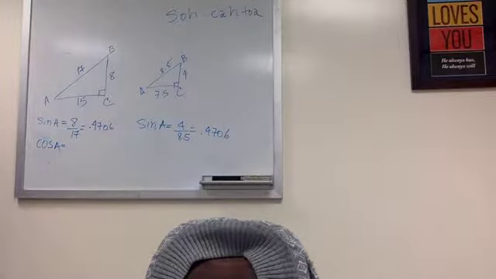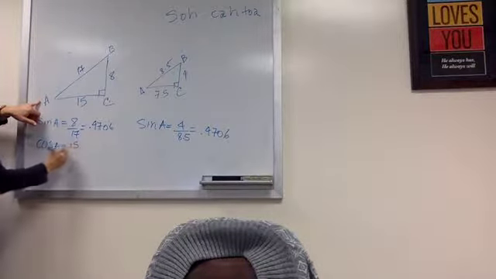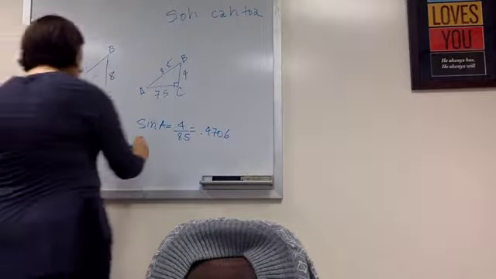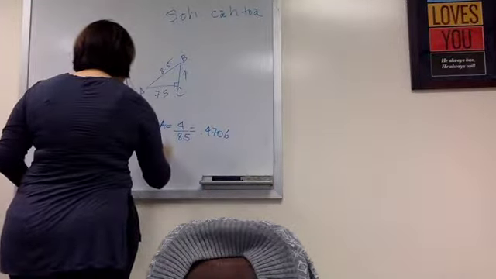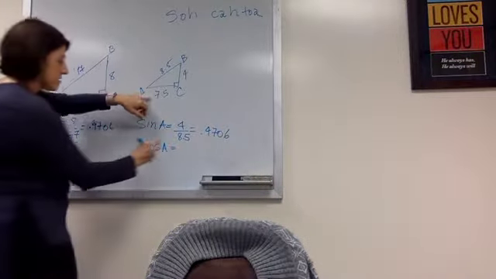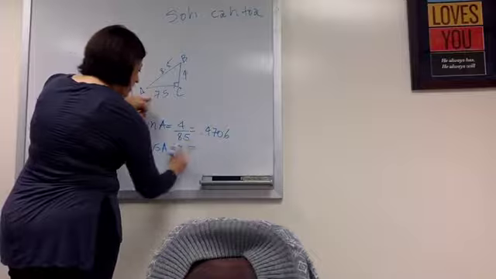All right, what about the cosine of angle A? That's CAH. Ellie, what would you put together there? Angle A is here. What's the length of the side that's adjacent to it? 15. So it's 15 over hypotenuse, 17. Esther, what is the cosine of angle A in the small triangle? 7.5 over 8.5.